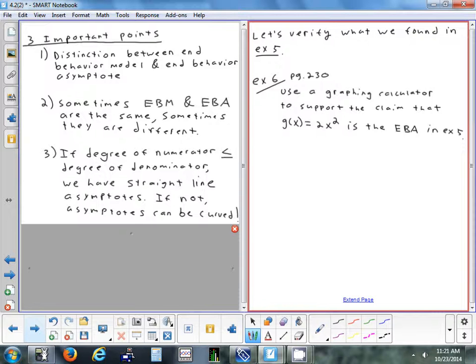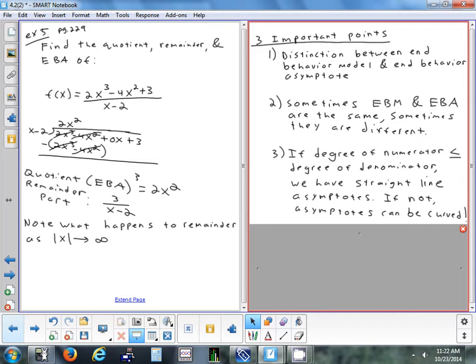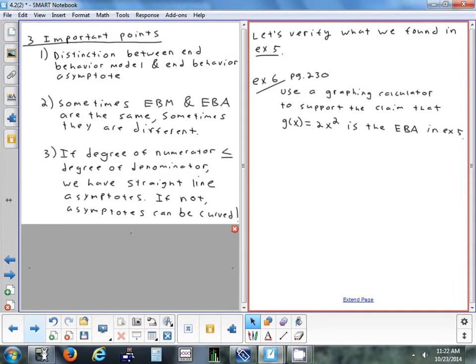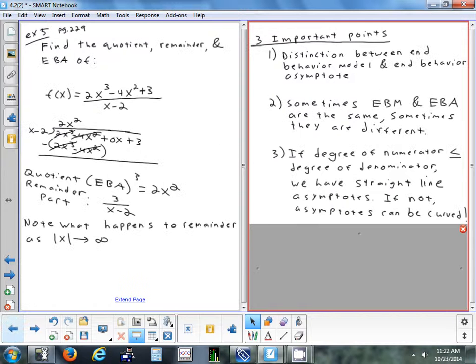Graphically, before we try to sketch the example we just did, I want to verify that the end behavior asymptote we found actually works for example 5. What we're looking for is that when we graph this end behavior asymptote and the original problem, as x starts to get huge, g of x should basically look exactly like f of x. I'm not saying they're going to look the same near the origin.